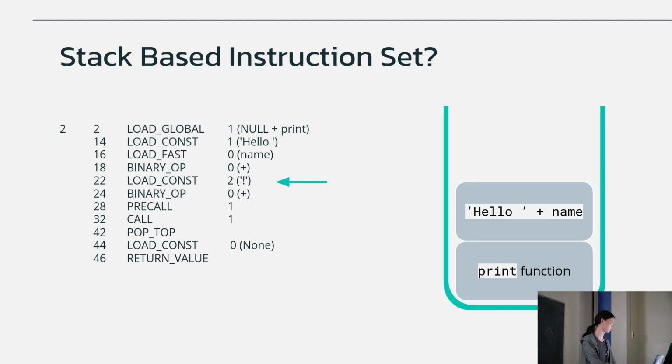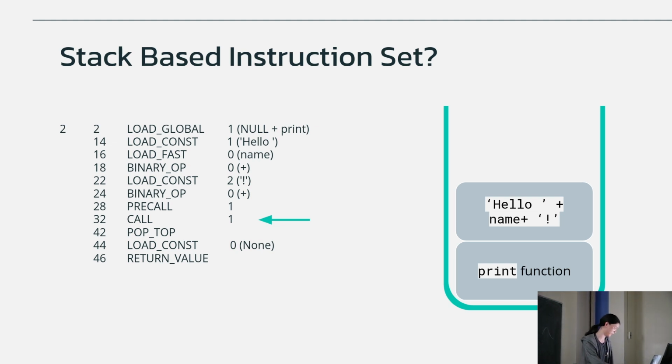And now we're loading another constant, adding those together, and then we finally get to the call. There is this pre-call instruction in between. Pre-calls don't do anything, you can ignore them.